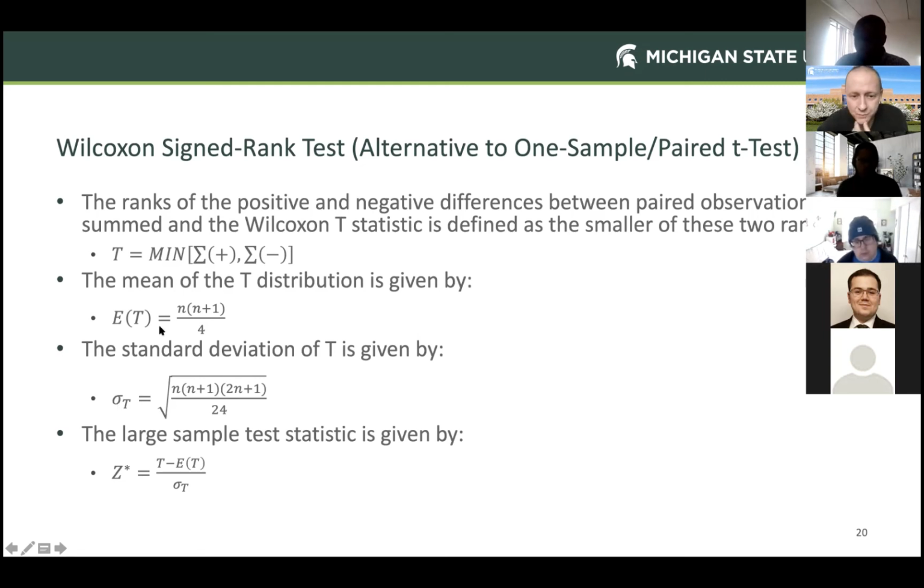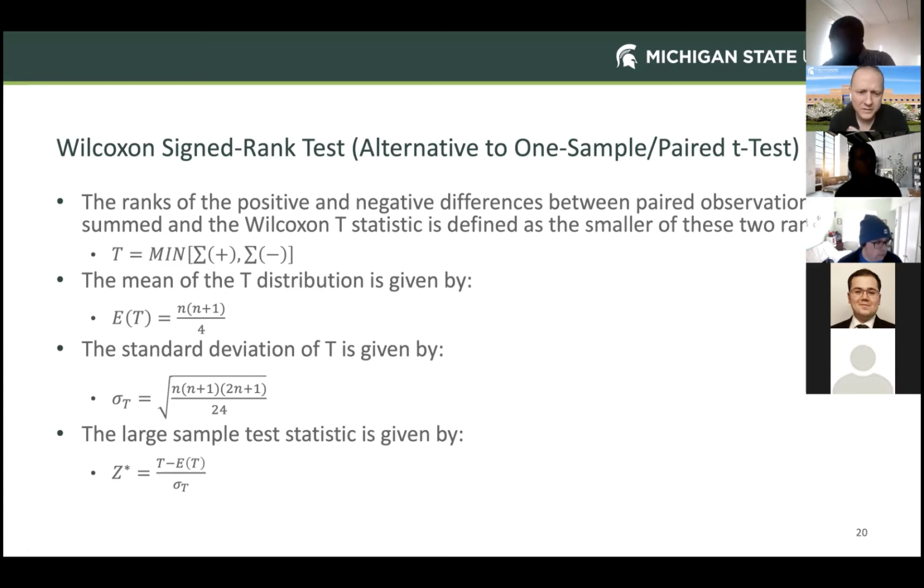So our average rank between those positives and negatives is given by this formula. The standard deviation of those ranks is as shown here. And then we evaluate it against the standard normal as we do in each of the two preceding tests, okay?